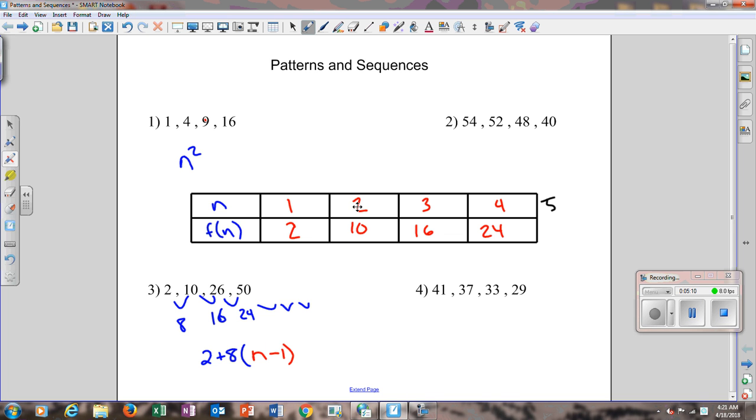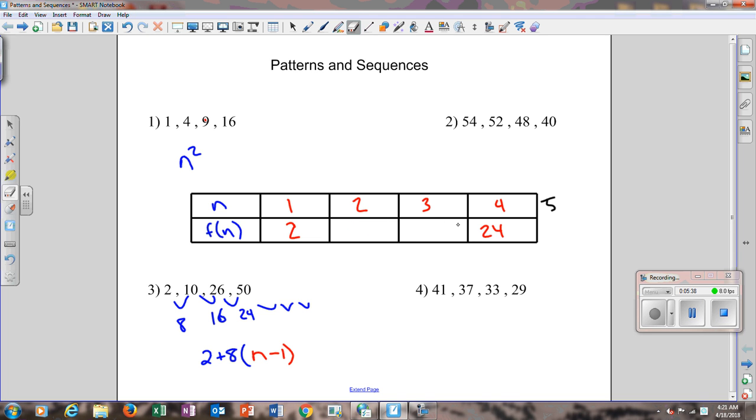So if you're finding the second term, you would do 2 plus 8 times 2 minus 1, which would be 1. So 2 plus 8 gives you 10. And for this one, you will plug the 3 in here. And you would do 2 plus, and then it would just be 8 times, sorry, I screwed that up.